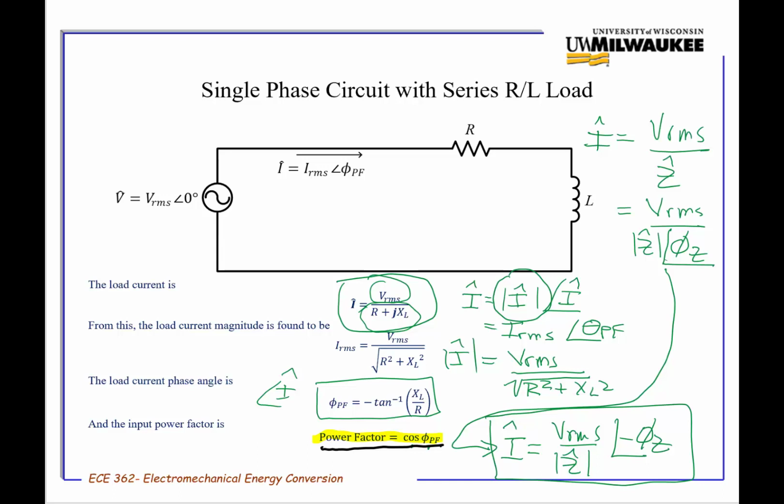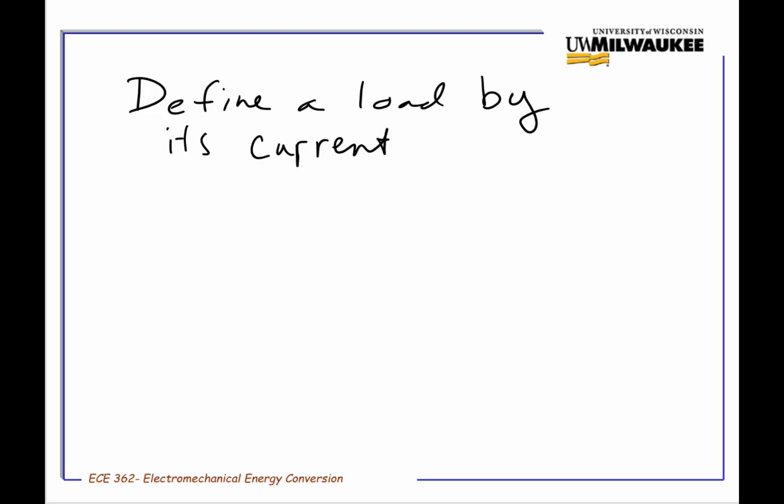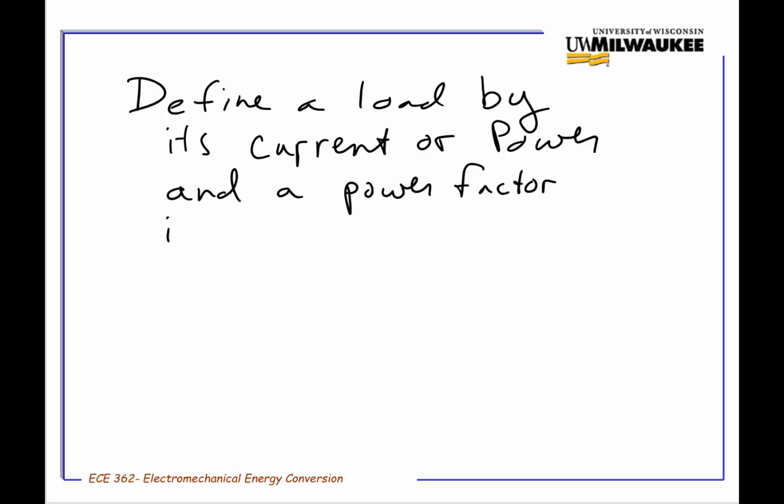So often what we will do is define a load by its current or its power and a power factor. For example, we might say that a load has 0.8 lagging power factor.